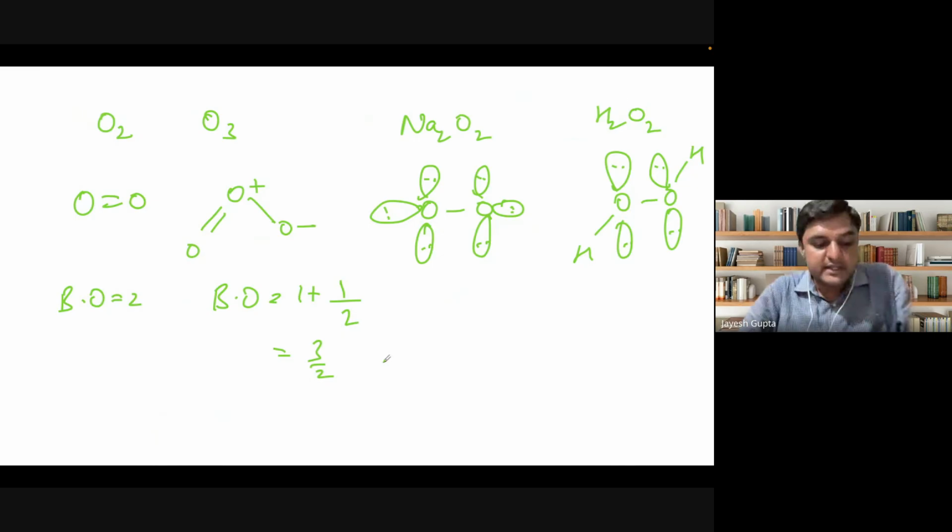Now I told you bond order is inversely proportional to bond length. So O2 will be shorter than O3. First we got this one.